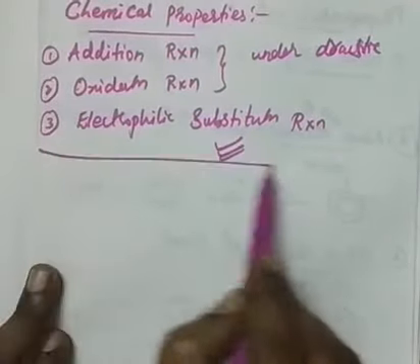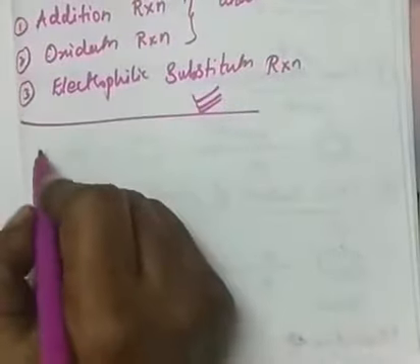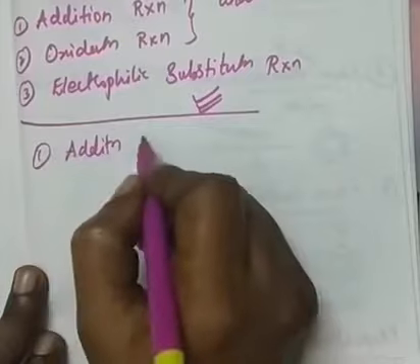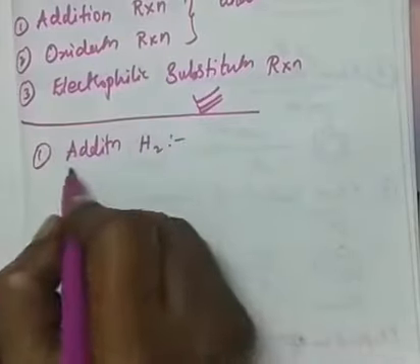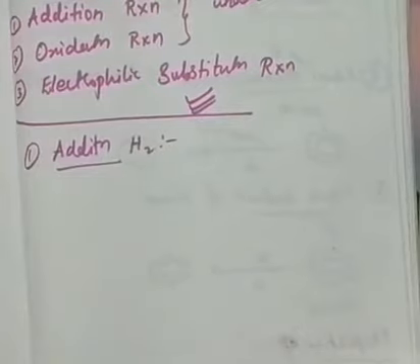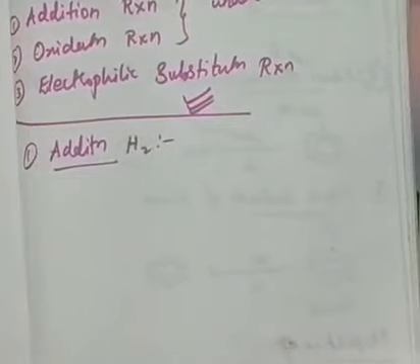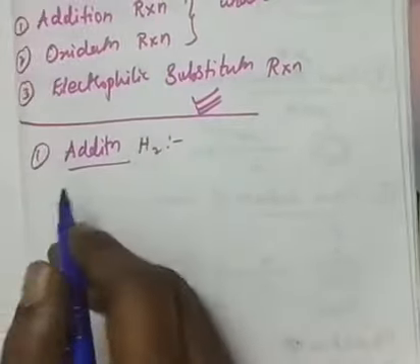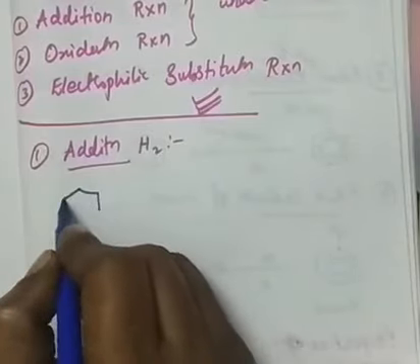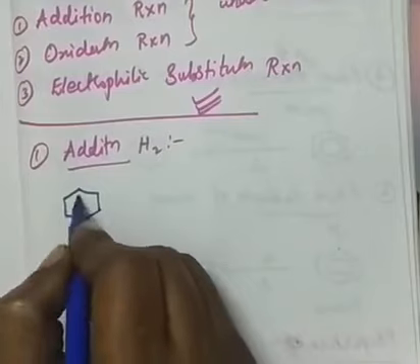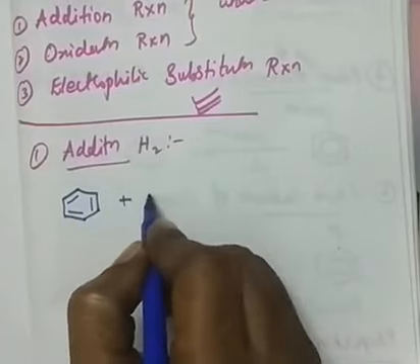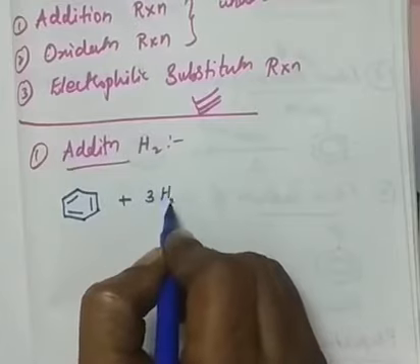Okay, let us continue first with addition reaction. First one, addition of what? H2. H2 means hydrogenation. Addition of halogens, H2, whatever we have studied for the alkynes. So benzene: if you consider benzene has 3 double bonds, and each double bond takes how many molecules of hydrogen? One molecule of hydrogen.